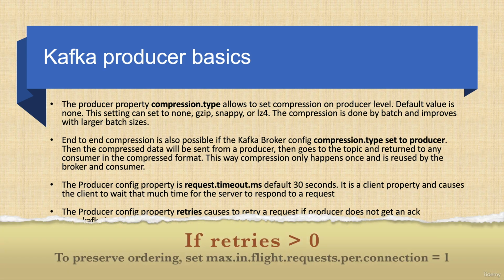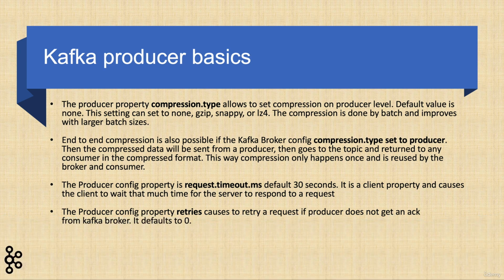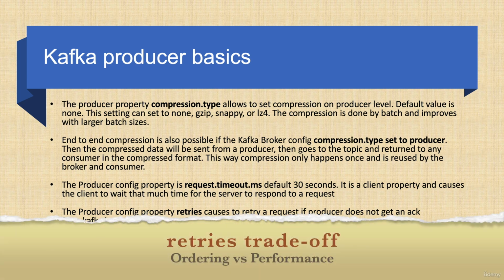To prevent this, you can use the max in-flight requests per connection property and set it to 1, so that you can only send one record at a time. But of course, this will affect the performance, because you cannot use batching in that case. So you need to decide if ordering is important for you. Again, here is another trade-off that you need to decide between ordering and performance.